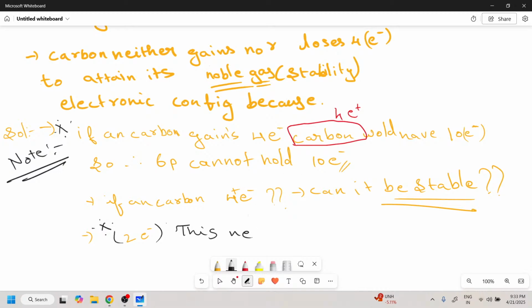So this needs a lot of energy, and makes carbon unstable.